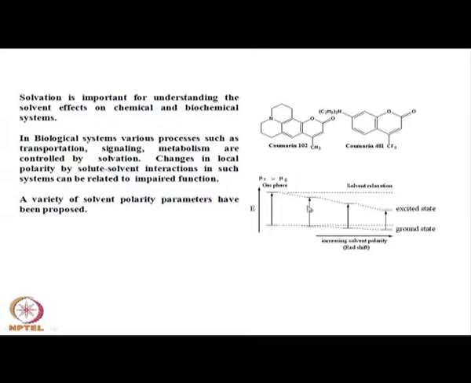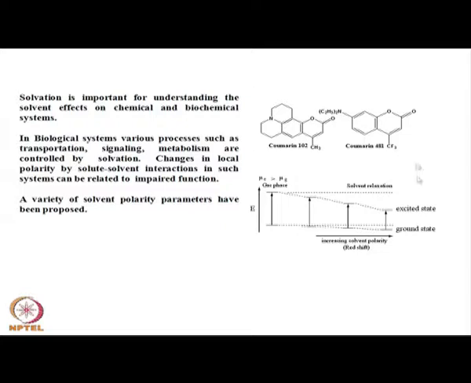As I told you, the excited state mu is greater than the ground state mu. So in the gas phase, whenever you put it in a more polar solvent, the excited state and ground state are progressively stabilized because of this, and the reverse situation can happen in the opposite case.